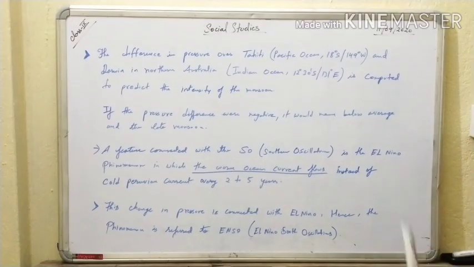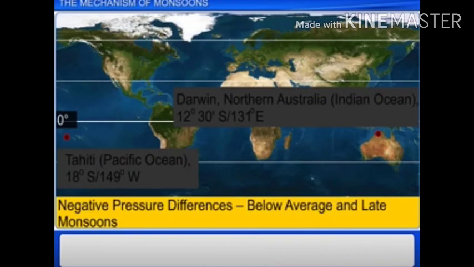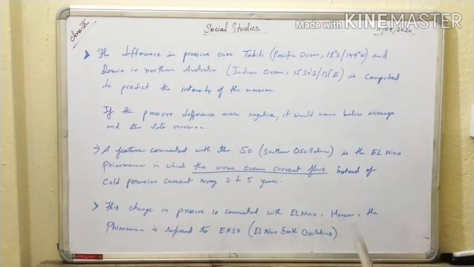The pressure developed in these two places has been computed to predict the intensity of the monsoon. Suppose the pressure difference is negative, it would mean below average, which also says that the monsoon will arrive late. So these two places have been chosen to predict the intensity of the monsoon.